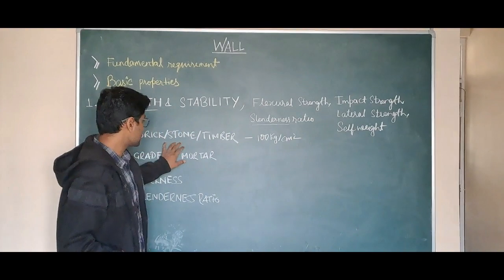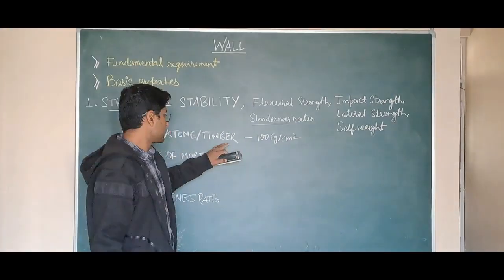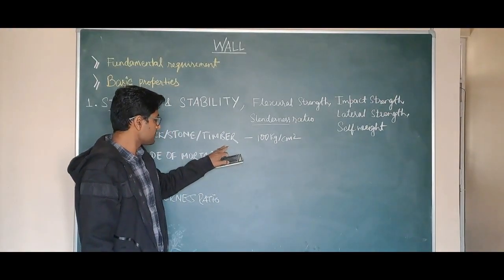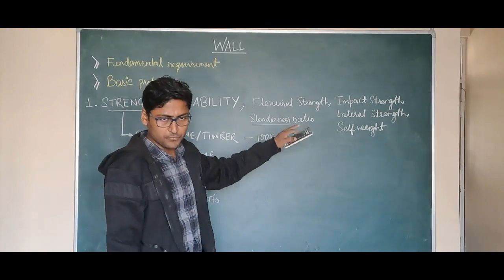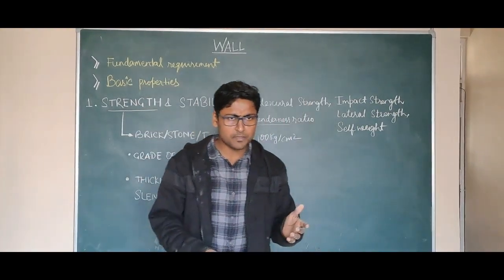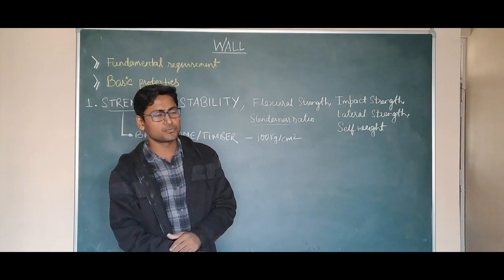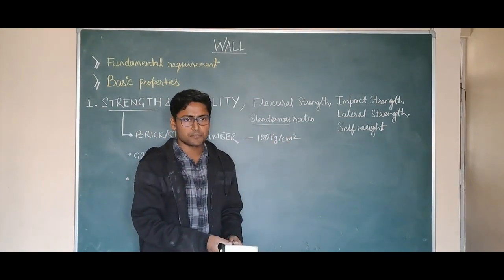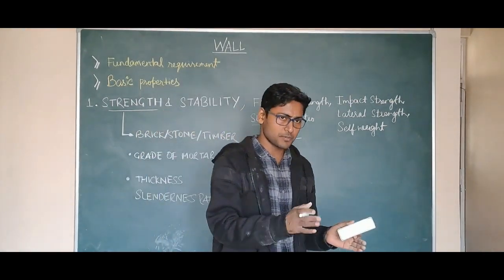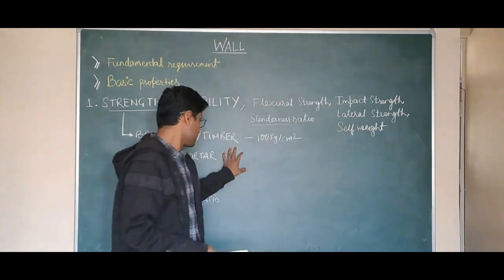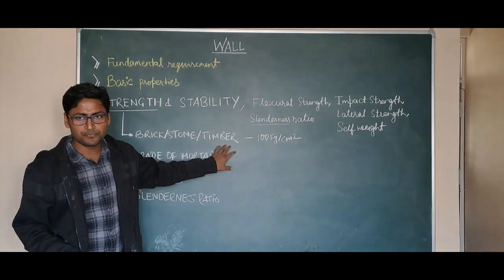In stone, obviously it was more than that, and in case of timber, it would be 30, 40, up to 70. It will depend on types of timber and how you have prepared the timber plank, whether it is parallel to grain or perpendicular to grain. So don't worry, we'll discuss in detail about timber.